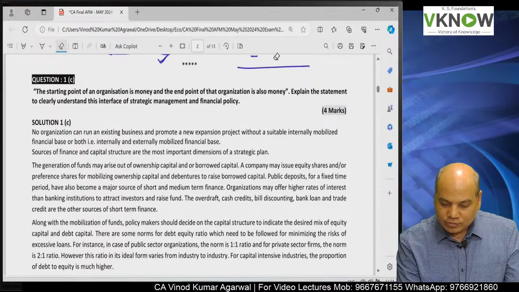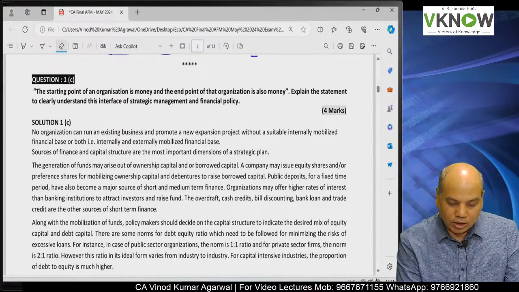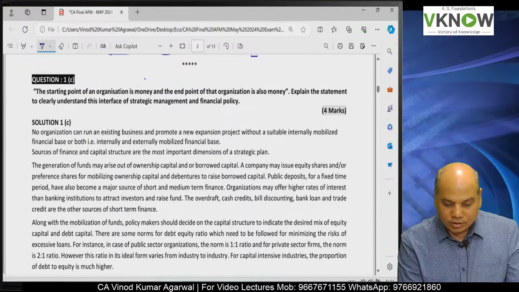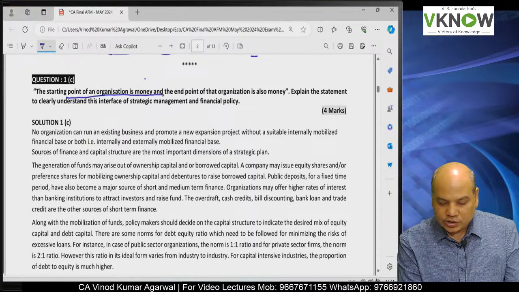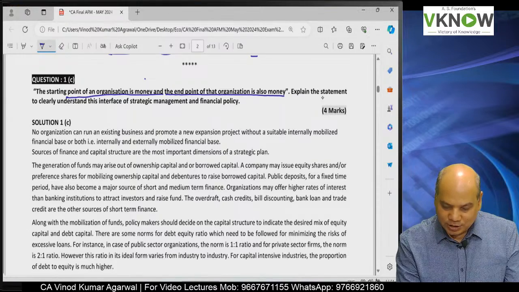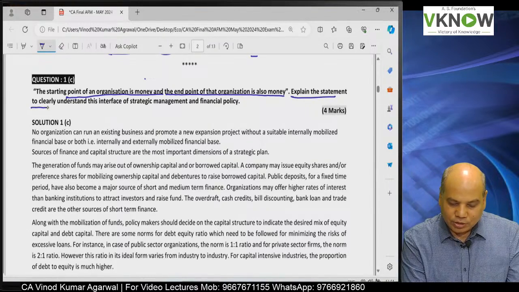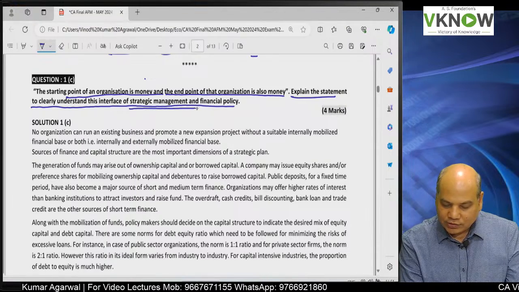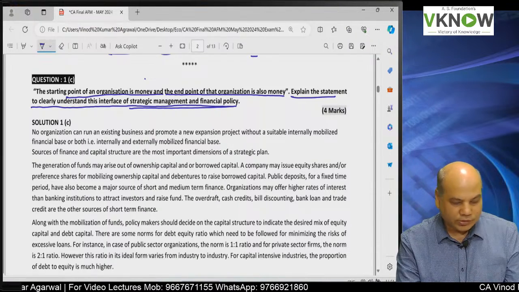Now next is question number 1C, which was a theory question. The starting point of an organization is money and end point of organization is also money. Explain the statement to clearly understand this interface of strategic management and financial policy.